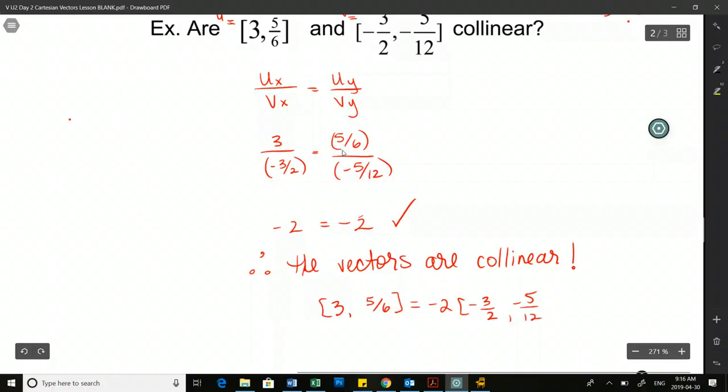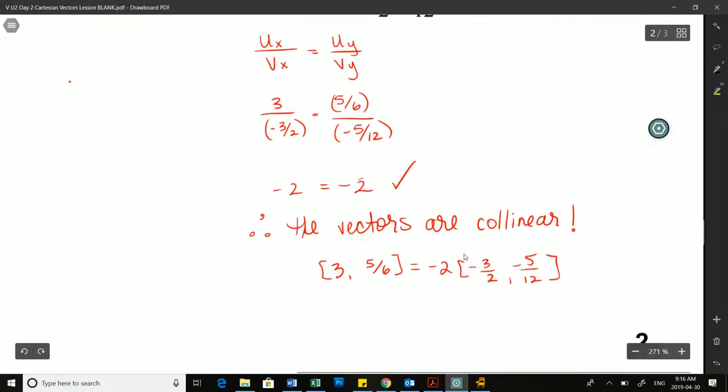So I can say it two ways. I can say this vector, 3, 5/6, is negative 2 times our other vector, or I can say our other vector, negative 3/2, negative 5/12, is equal to negative 1/2 of 3, 5/6. Either way, but I think this way is a little easier.